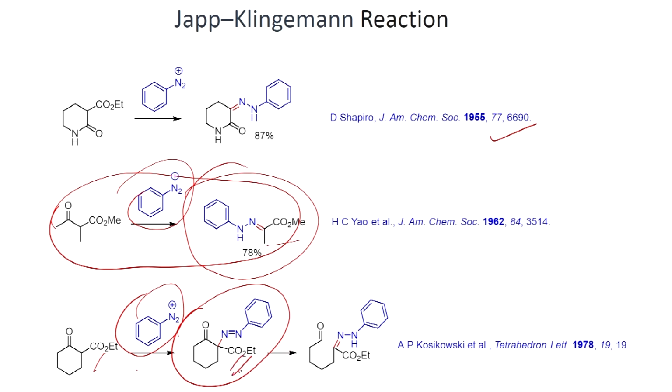Once you have this compound, you can try to react it with sodium borohydride. So you will be able to form this intermediate.